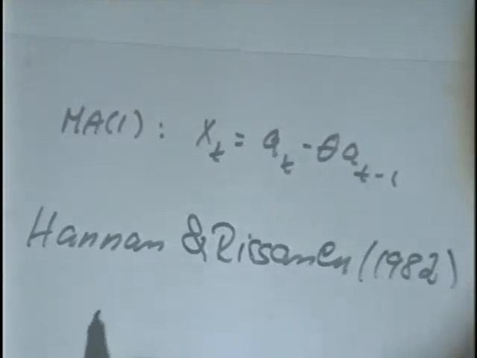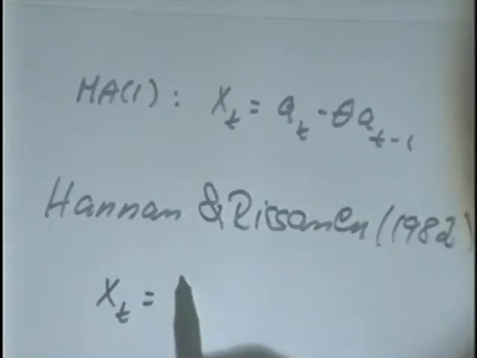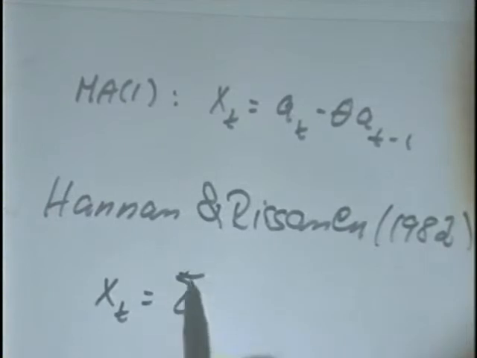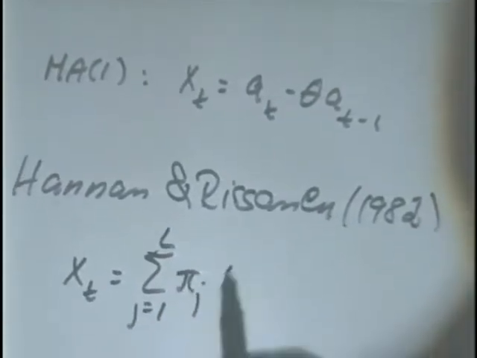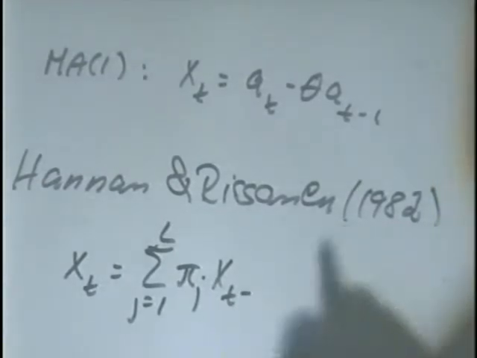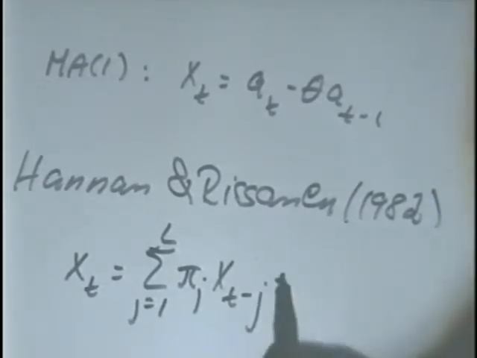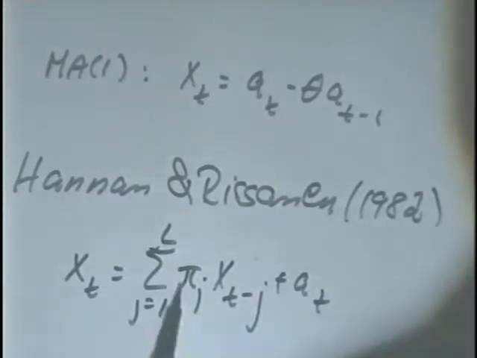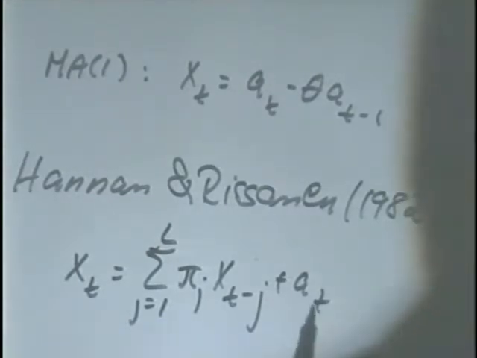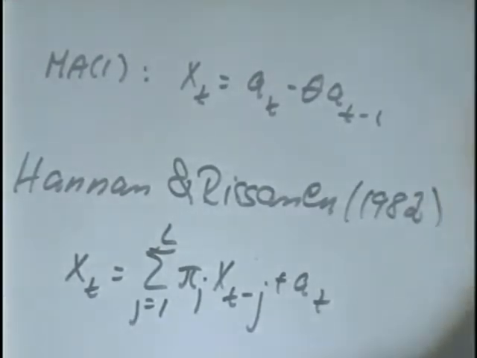and what they did is to approximate the model by a finite order regression in this fashion, and select in a certain way the order L, and then we obtain the least squares residuals, which estimate at, that is, we obtain at hats.